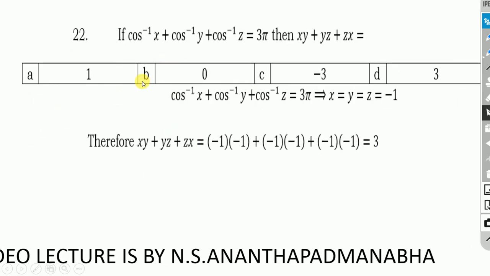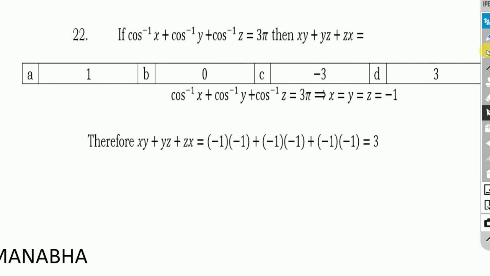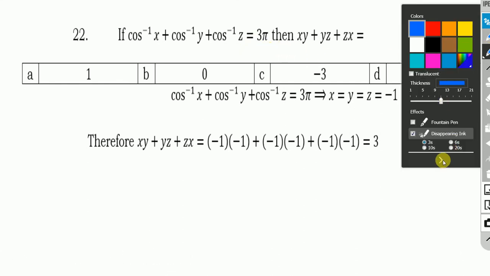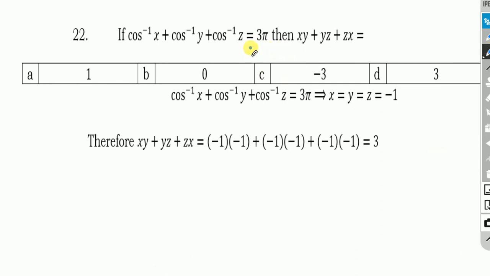If cos inverse x plus cos inverse y plus cos inverse of z is equal to 3 pi, then xy plus yz plus zx is equal to? So we have solved a similar problem like this. Option A I have 1, option B as 0, option C as minus 3, and option D as 3. So now cos inverse x plus cos inverse y plus cos inverse z is equal to 3 pi implies x equals y equals z is equal to minus 1.